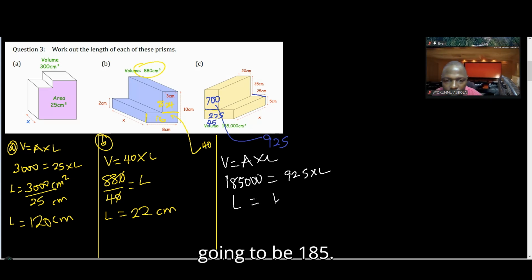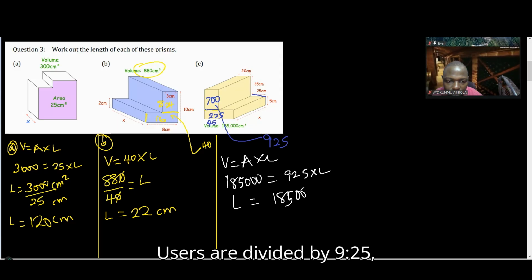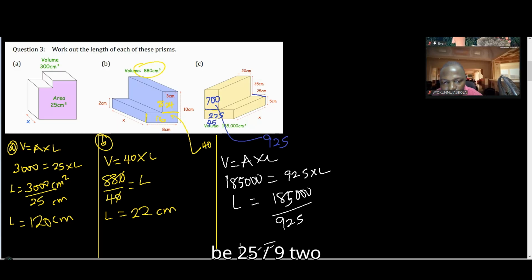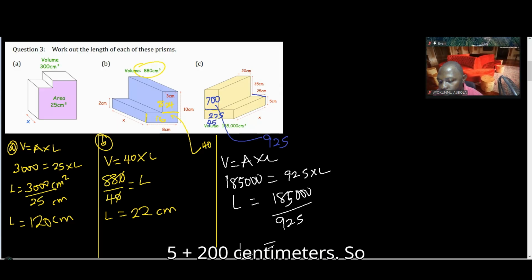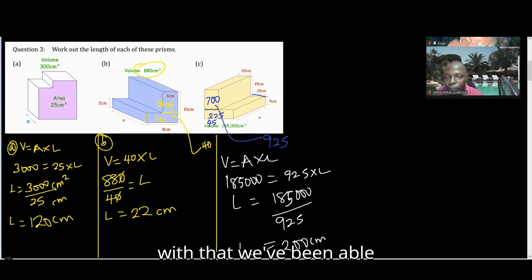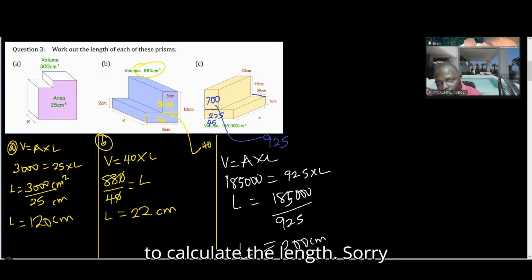So the length is going to be 185,000 divided by 925. That's 200 centimeters. So with that, we've been able to calculate the length.